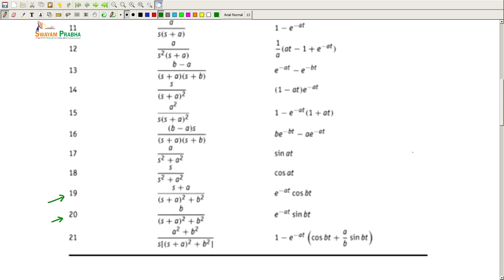Looking at entry 19, s plus a divided by s plus a the whole square plus b square corresponds to e to the power minus at cos bt. Similarly, if we have just a constant b in the numerator, b divided by s plus a the whole square plus b square, we get e to the power minus at sin bt.